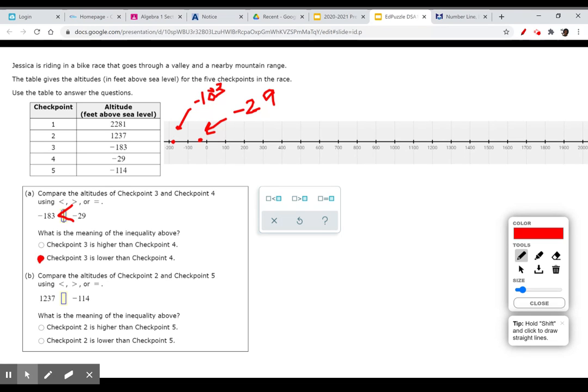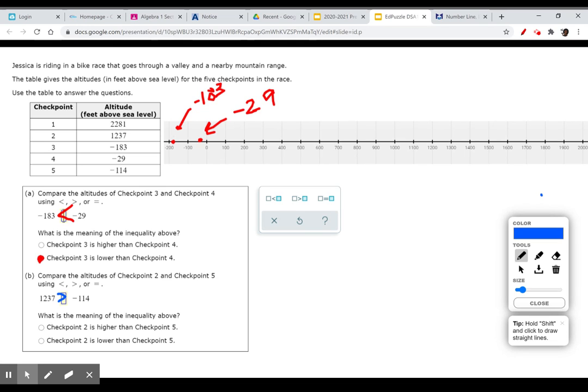Okay, next one. Let's use a different color. Compare these altitudes. Well, one's positive and one's negative, so the positive one's always greater. That's a no-brainer. But we'll look at this on the number line as well. So we have 1,237.